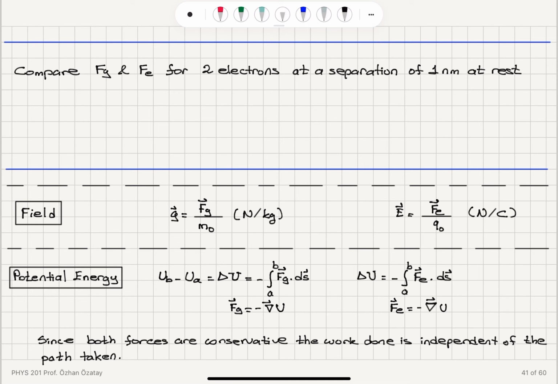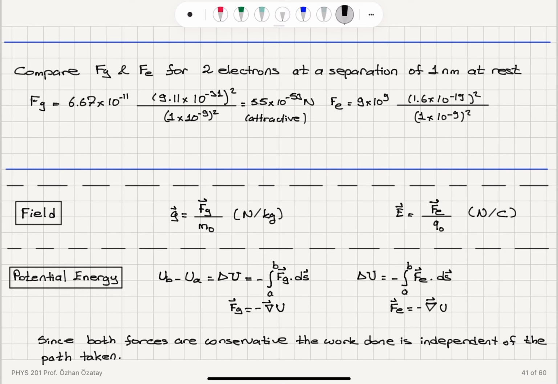Now, if I calculate the electrostatic force between these two electrons, because the electrons both have negative charge, it's going to be repulsive. The Coulomb constant, 9 times 10 to the 9, times the charge of an electron squared, which is 1.6 times 10 to the minus 19 coulombs squared, divided by the distance, 1 times 10 to the minus 9 meters, squared.